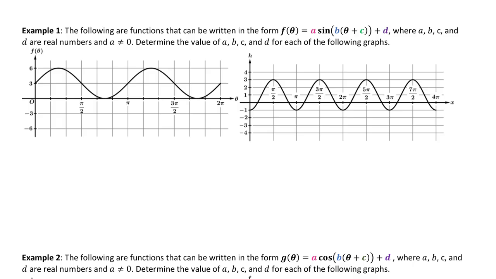Today we're going to be reading graphs and not just determining the things I had you determine last time. We're going to be finding the actual values of A, B, C, and D plugged into these formulas to make the basic sine function look like that. Now, I do want you to notice that for example 1, it tells me that we are using sine. Anytime you're given the type of function you're using, you need to remember what it's supposed to look like.